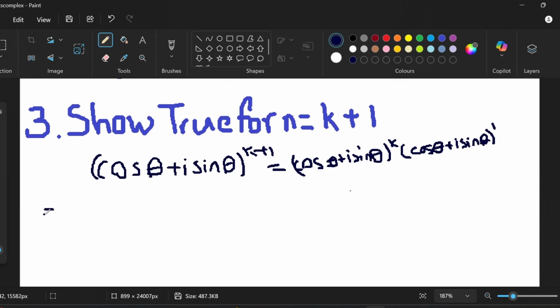Now we're going to make the assumption that this here is equal to cos k theta plus I sine k theta. And remember, this is all times this here, cos theta plus I sine theta.